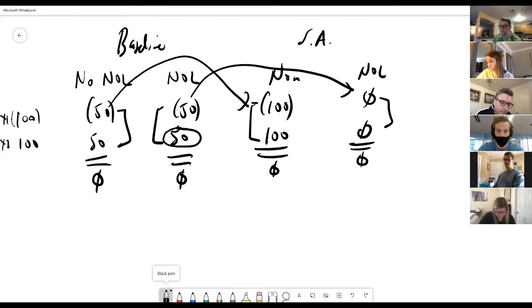Remember, the NOLs were going to expire then. And so now this guy's got 50 of income in year 2. He doesn't have any income allocation in year 2 with the special allocations. Just basically extending the NOL effectively beyond its period.